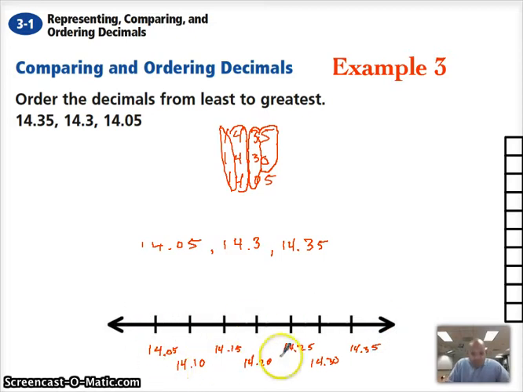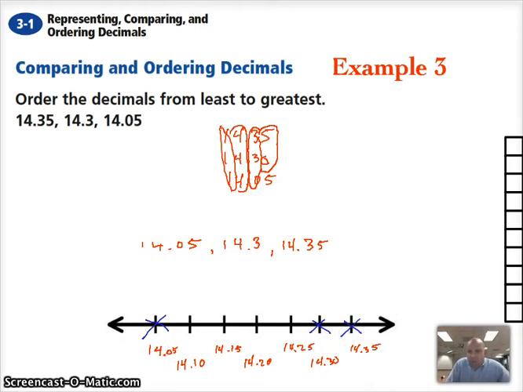So that's what all those tick marks are there. So placing these there, I could see here's 14 and 5/100. 14 and 3/10 is the same thing as 14 and 30/100, and then we have 14.35. That's what it looks like.